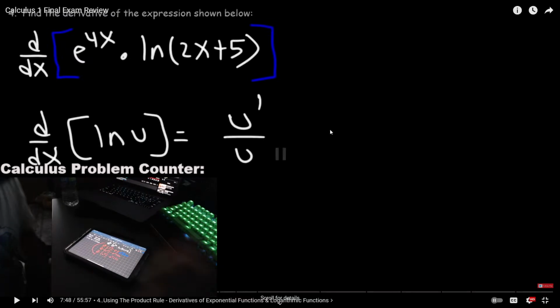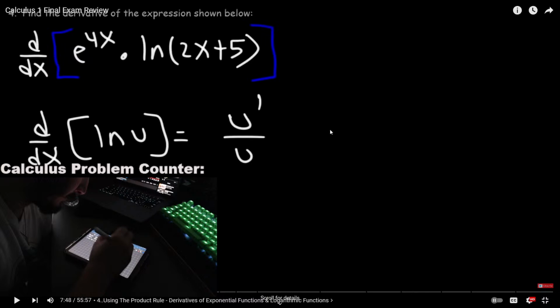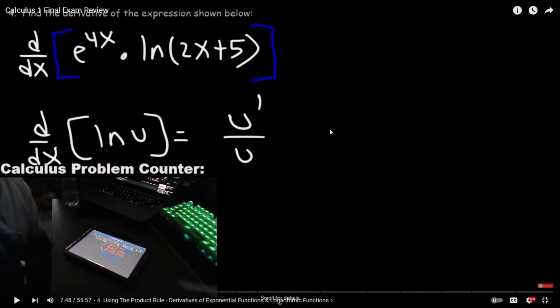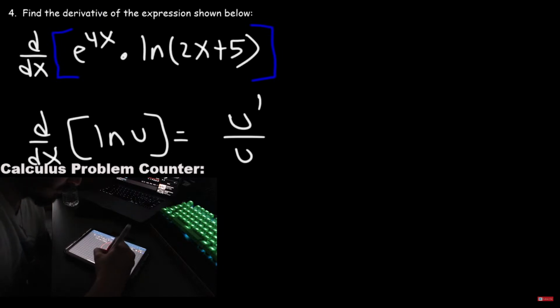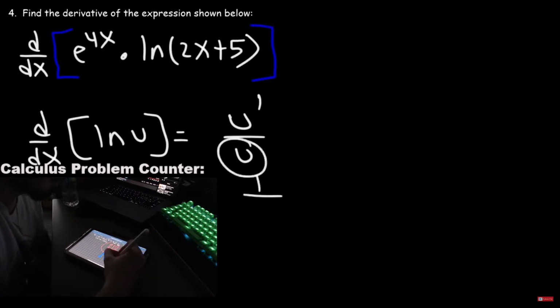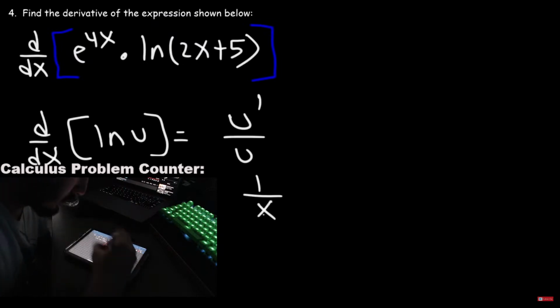So d over dx of ln u equals u prime over u. Let's say I want to differentiate ln(x). So u is x. The derivative of x is 1. And since u is x, that's going to be x in the bottom, so we get 1 over x.